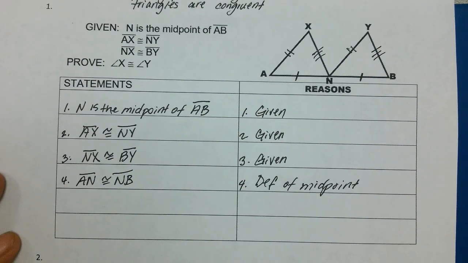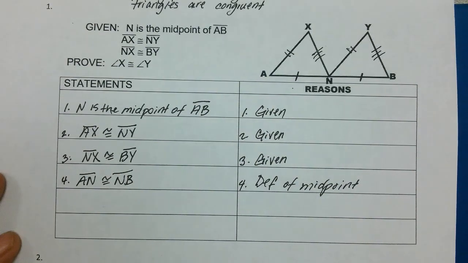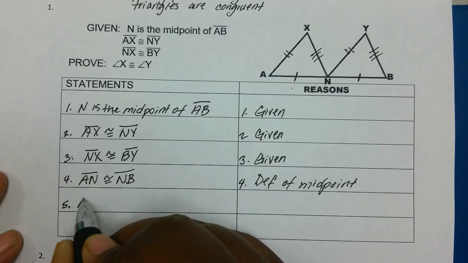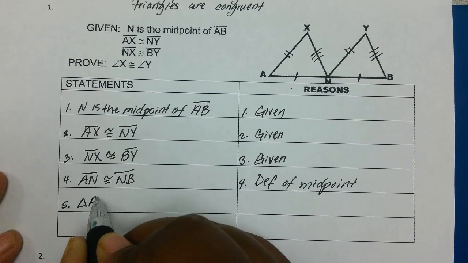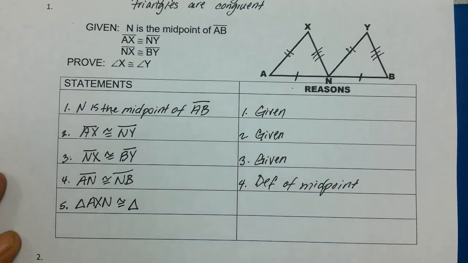Well, now that I have 3 things marked here as congruent, now I can say that these 2 triangles are congruent. The way I name it is important. I can name the first triangle however I want. So I'm going to say AXN is congruent to. To name the second one, I have to make sure the order matters.